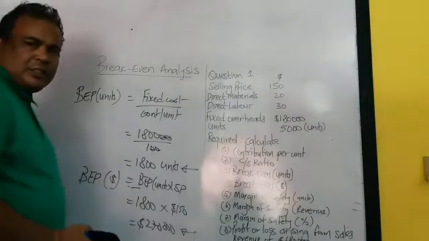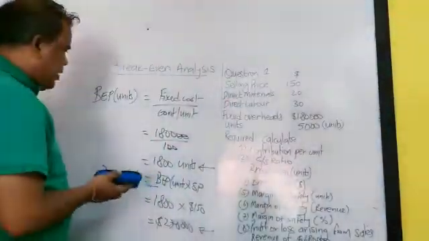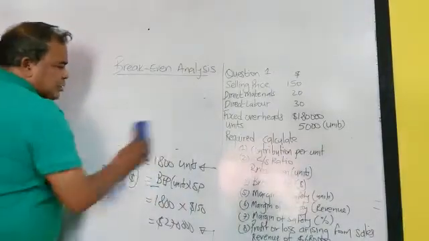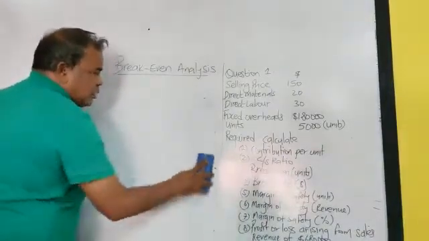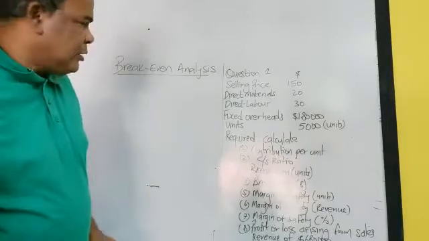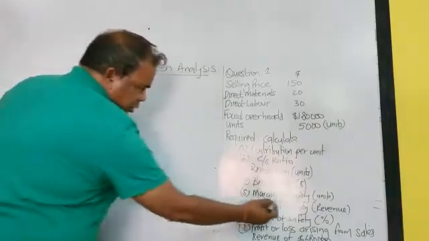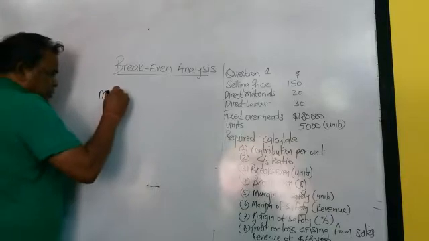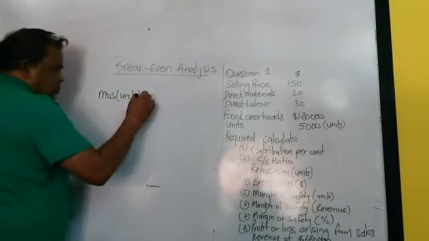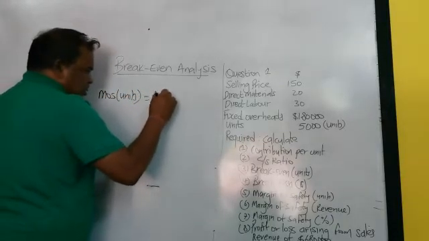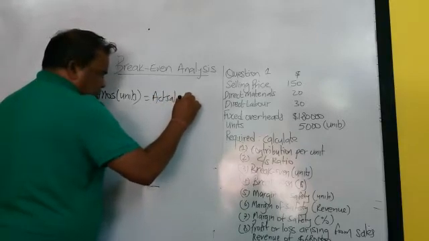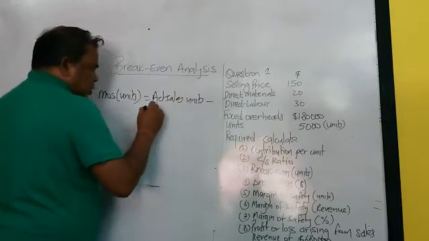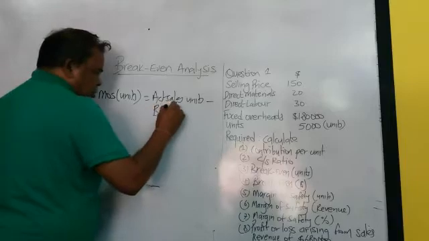We have already calculated break-even revenue. Now we calculate margin of safety. Margin of safety units: actual sales units minus break-even units.